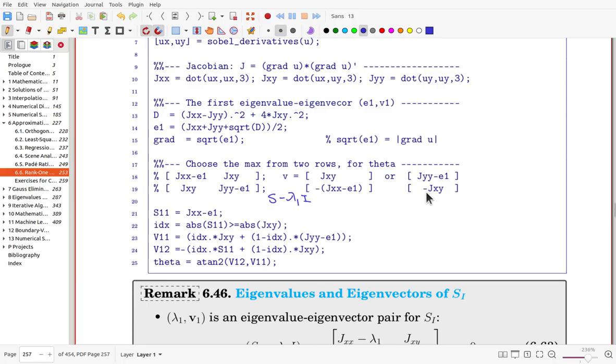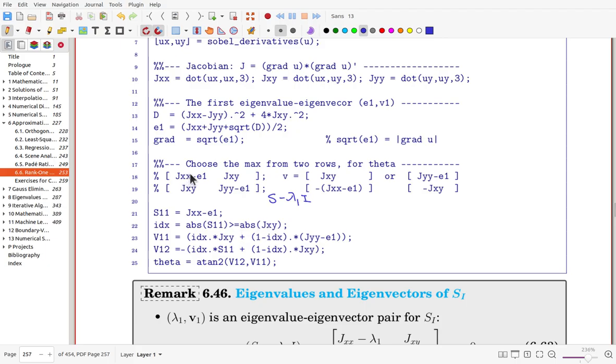So to avoid taking the 0 vector, we have to choose the larger one in length, pointwise. In order to do that, we start with this one as 1, 1, named it, and then here take absolute value and also take absolute value.